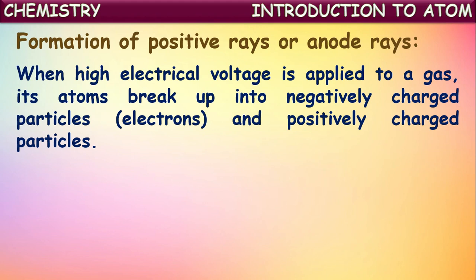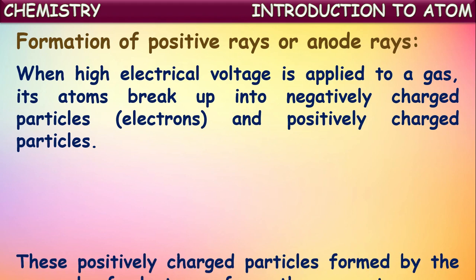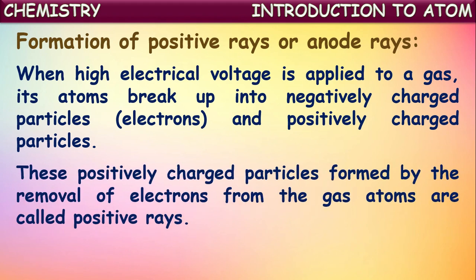The negatively charged particles were proved to be electrons. Along with the electrons, certain positively charged particles are also emitted from the gas molecules. These positively charged particles, formed by the removal of electrons from the gas atoms, are called positive rays, canal rays or anode rays.